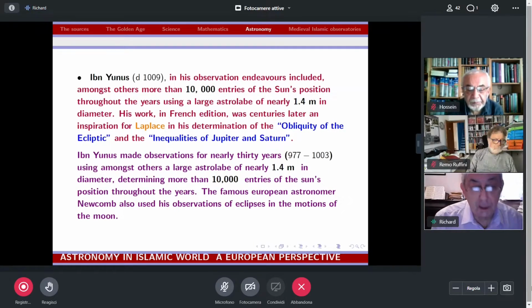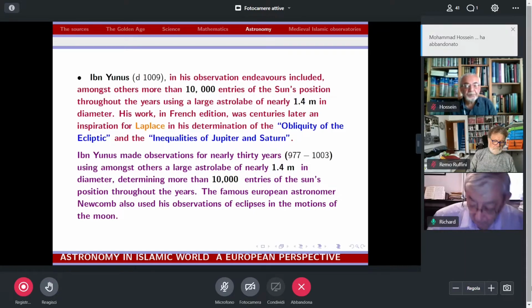Now, Ibn Yunus, the Egyptian astronomer, his work in a French edition was centuries later an inspiration for Laplace, in his obliquity of the ecliptic and inequality for Jupiter and Saturn. Ibn Yunus made observations for nearly 30 years, using, amongst others, a large astrolabe, and he was also known to have improved the Hipparchus data about precession.